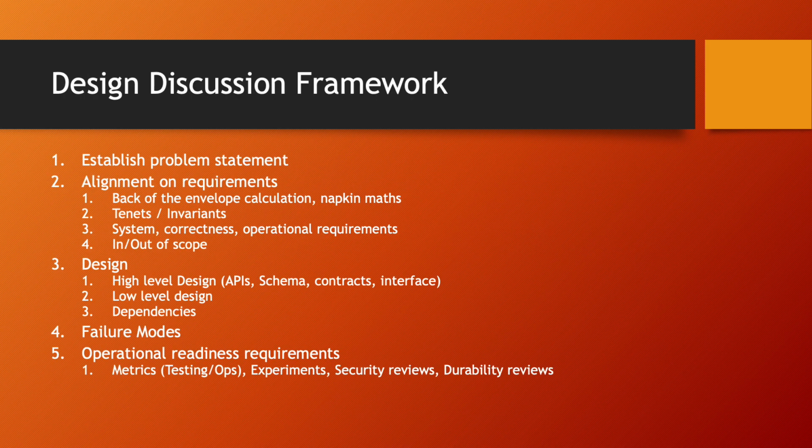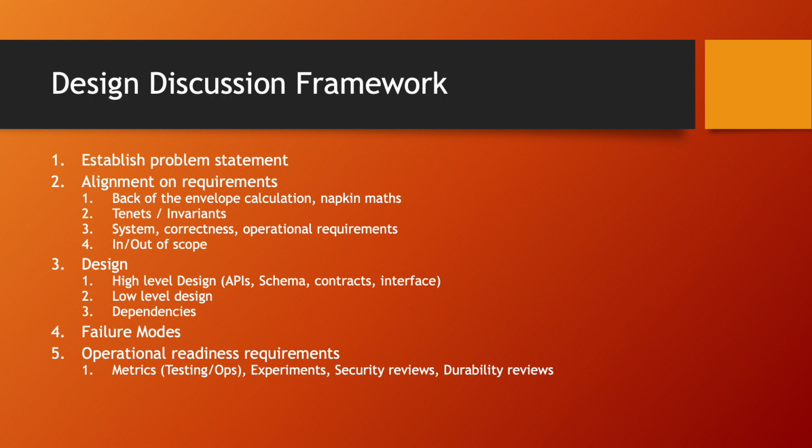Before discussing further, let's remind ourselves of the design discussion framework. First, we should have a very good understanding of the problem statement. Then we should list down the requirements, and that might include some back of the envelope calculations, some design tenets, talk about system correctness requirements, operational requirements, and also clearly lay out what is in scope and what is out of the scope.